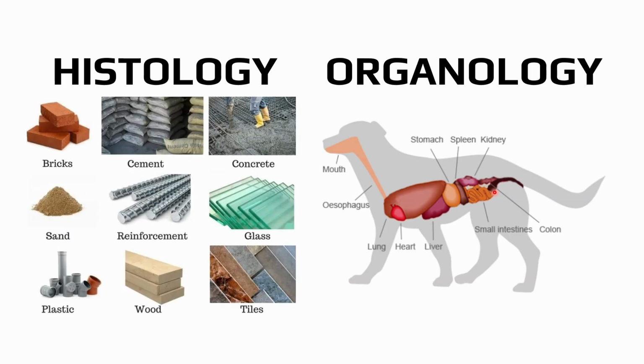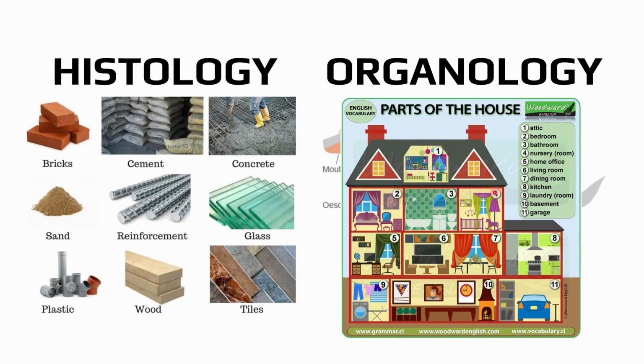As an analogy, in histology we will make sure to learn about the different features and characteristics of, for example, the building materials of your organs, such as if you have a house. For histology, we will master how a brick looks like, how cement looks like, or glass or whatever.